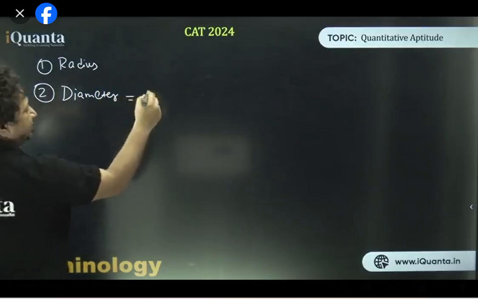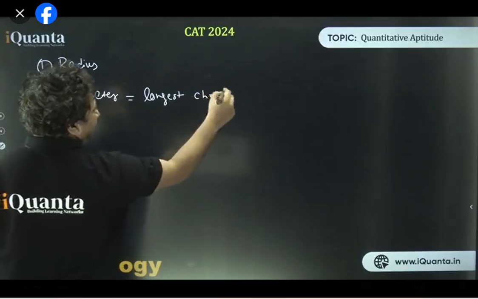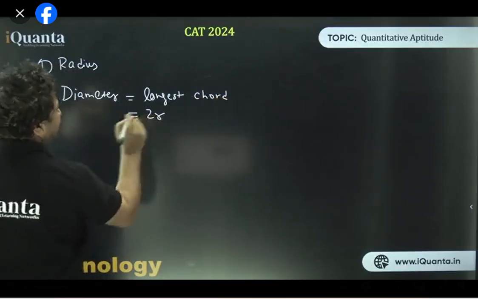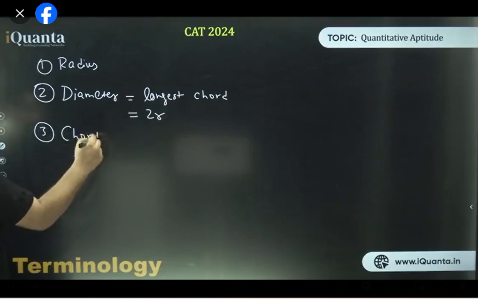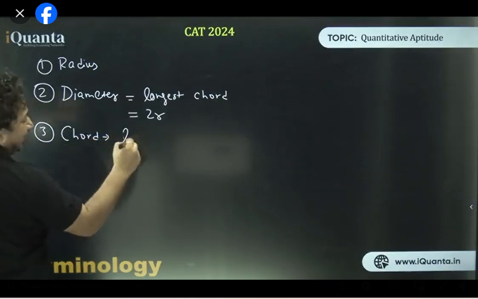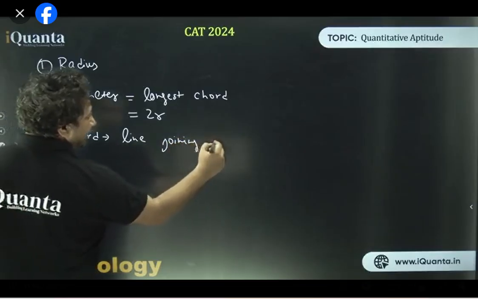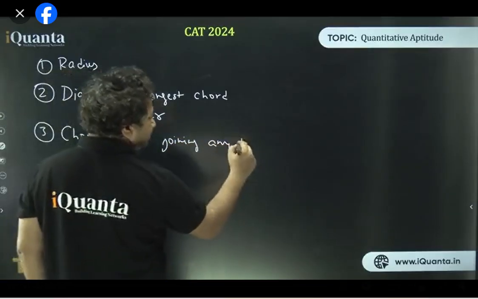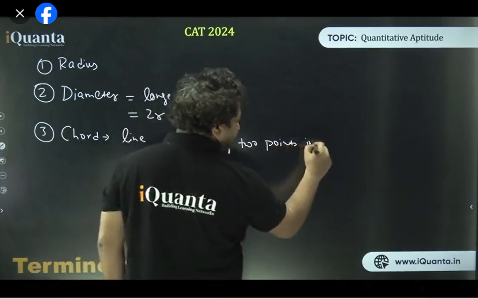Diameter is basically the longest chord and its value is 2 times r. Now what is a chord? A chord is a line joining any 2 points in a circle. All right.